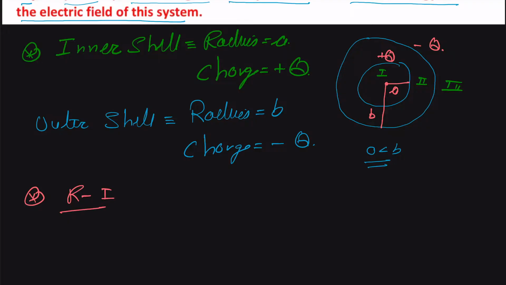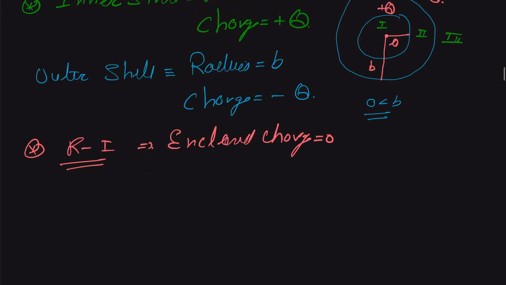According to Gauss law, region 1 is any region less than a, and for that the charge enclosed is equal to 0. So the enclosed charge is equal to 0, and therefore by Gauss law the value of electric field is equal to 0.